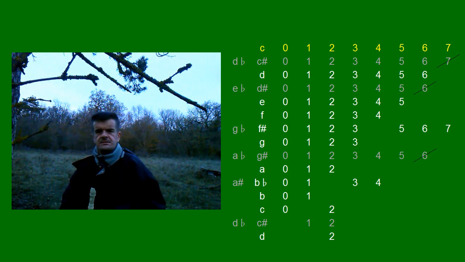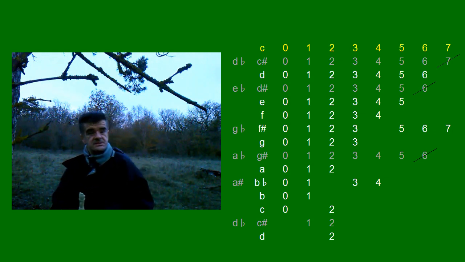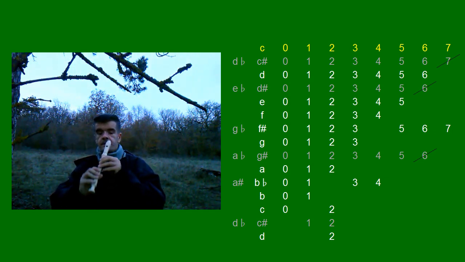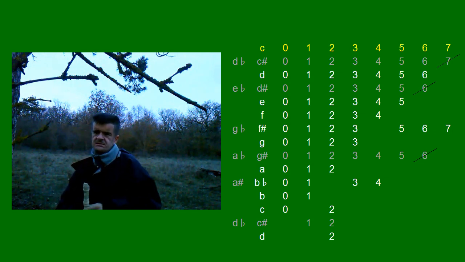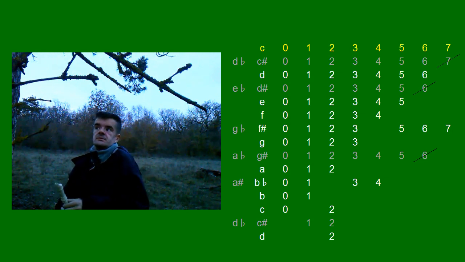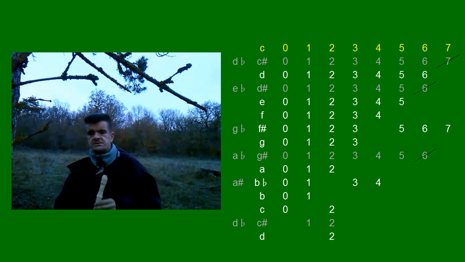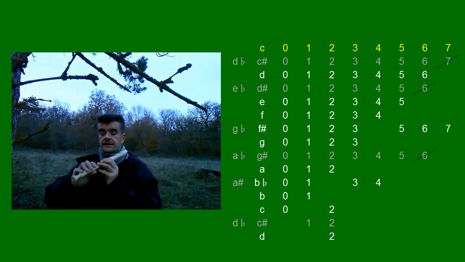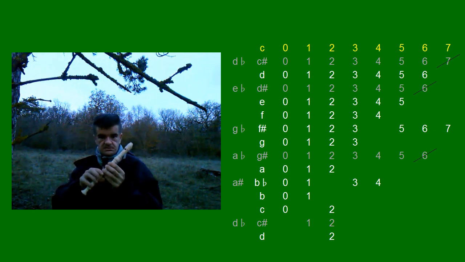Now you want to do some other sounds as well. We have had C, everything covered. By the way, this is the most difficult sound for a beginner, because it's a bit difficult to cover all the holes with all the fingers correctly.